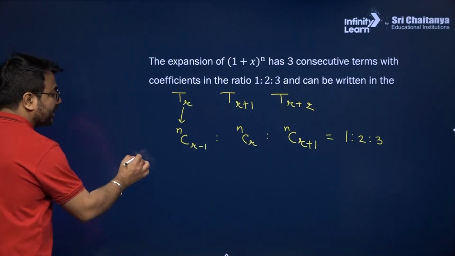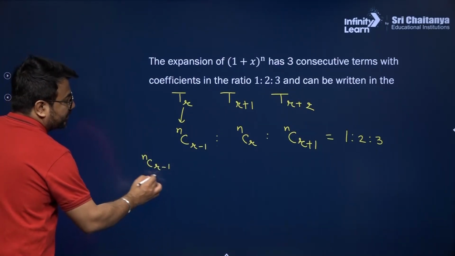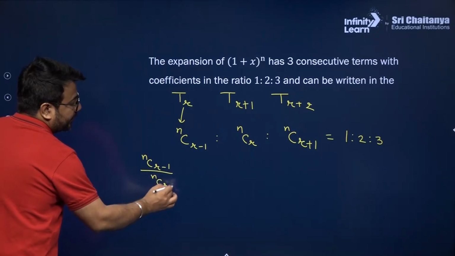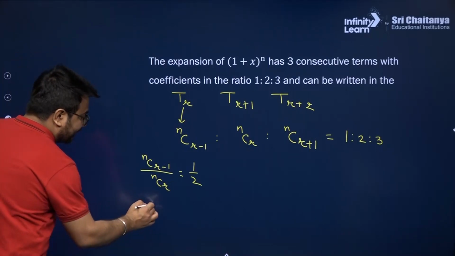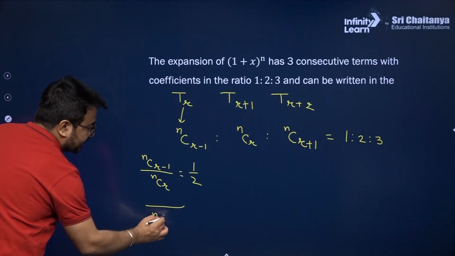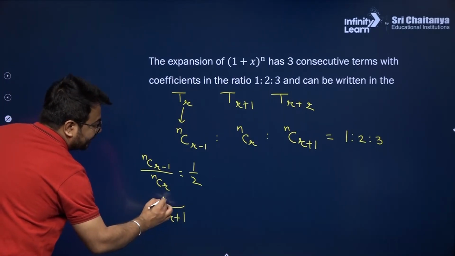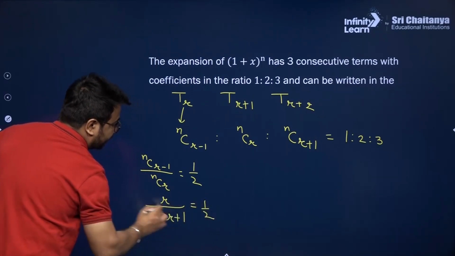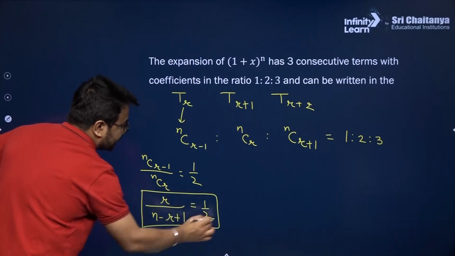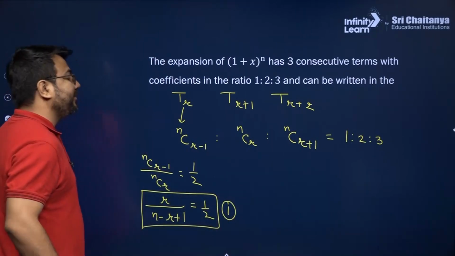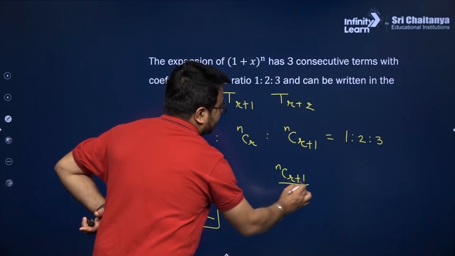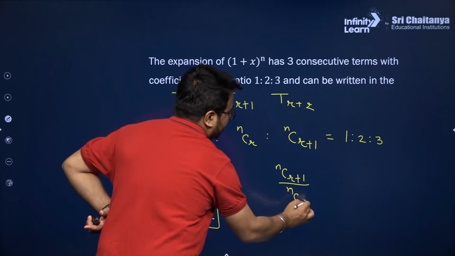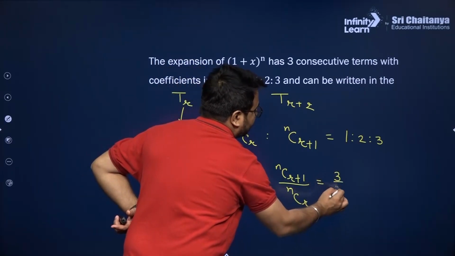Now we can easily get the value of n and r if they are asking us about that. Okay, so nC(r minus 1) upon nCr is equal to 1/2. Now what we can do, this can be written as (n minus r plus 1) divided by r, and here we have half. So this is the first equation. Now we can also do nC(r plus 1) upon nCr, this is equal to 3/2.